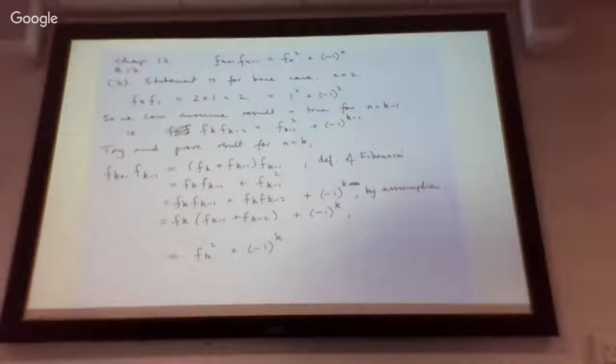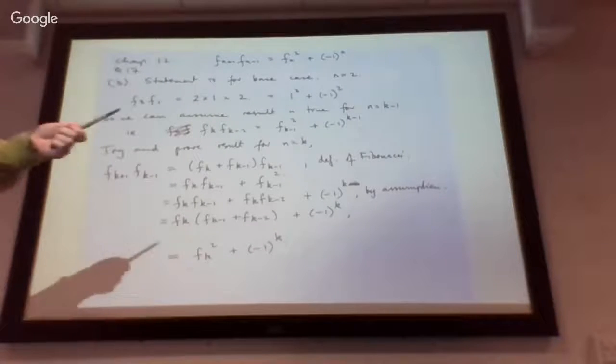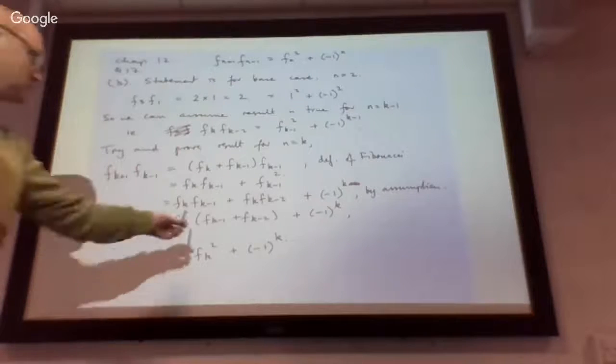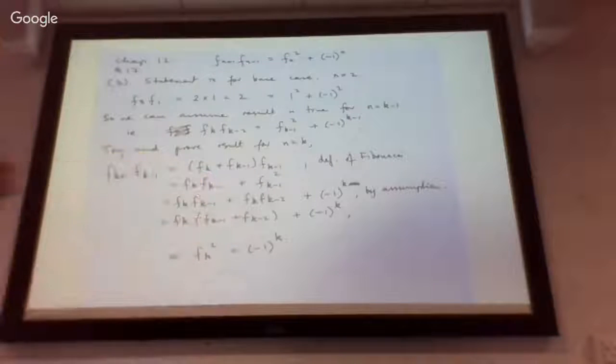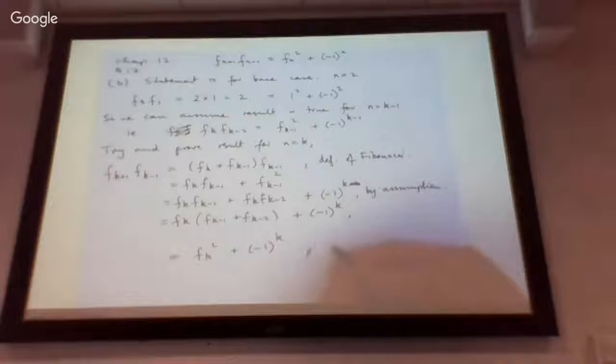Well, it's just using the defining equation of the Fibonacci sequence. Because here we have the sum of these two adjacent elements, f_{k-1} and f_{k-2}. By definition, that's the value of f_k. So we do indeed have f_k squared. So it's just one more step there, and that's by Fibonacci definition again.